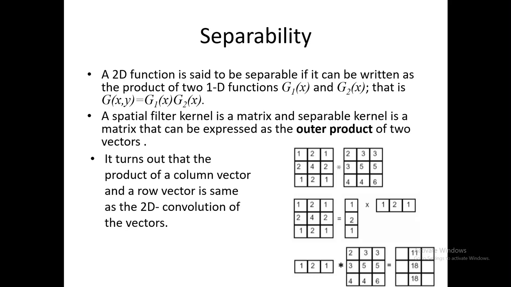We can say it is a separable kernel when it can be expressed as the outer product of two vectors. Here we can see this kernel is expressed as the outer product of 1 2 1 and 1 2 1, two vectors.